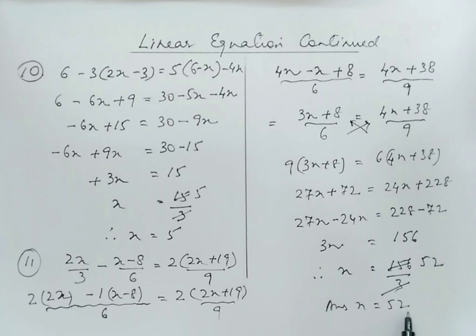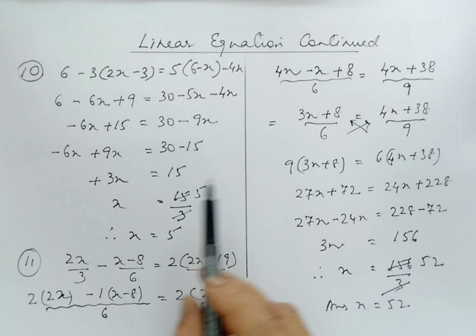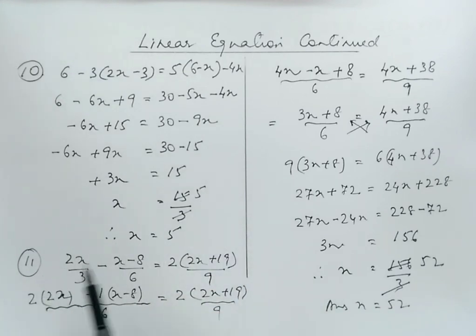If you put this 52 here in place of x and try to simplify this, you will see that the left hand side will be equal to the right hand side. So this is simple. Now in my next video I'm getting another sum, but this is going to come as continuity.